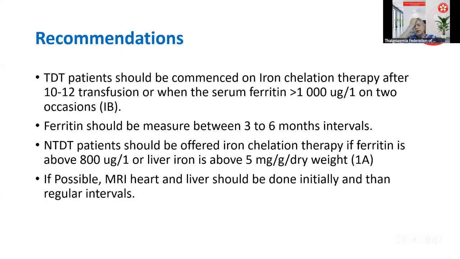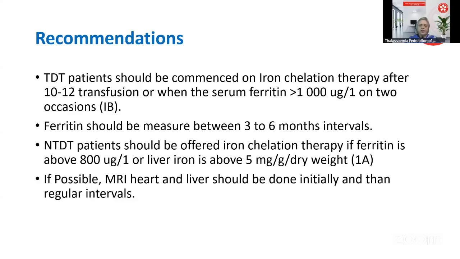But if you do a liver iron, then you can have a good idea if the liver iron is more than 5 milligram per gram dry weight. But again, this is not available to us, and we only use serum ferritin.